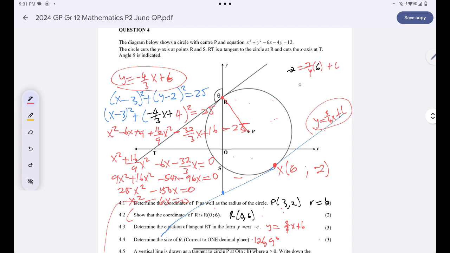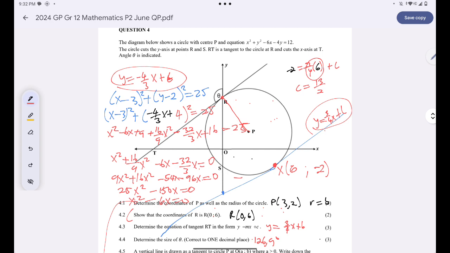And then for me to find the value of c, I just need to take this to the other side. I'll have negative 2 minus, then the value of c is negative 13 over 2.